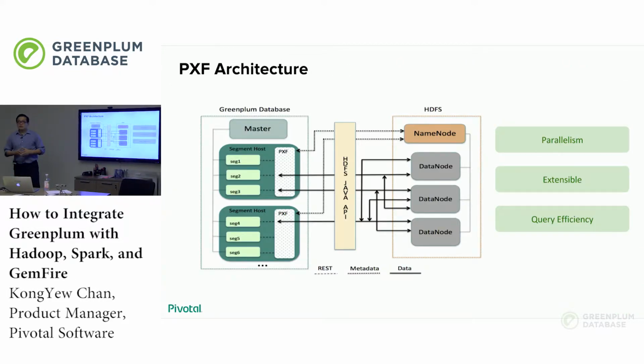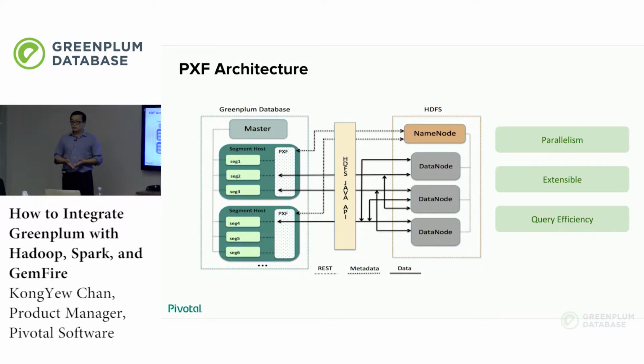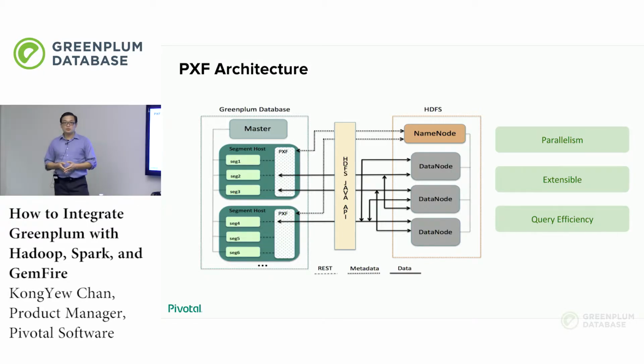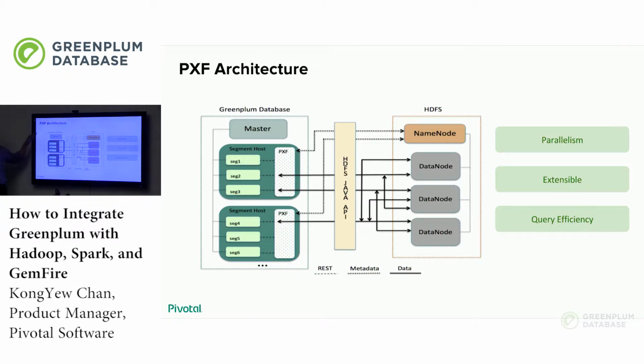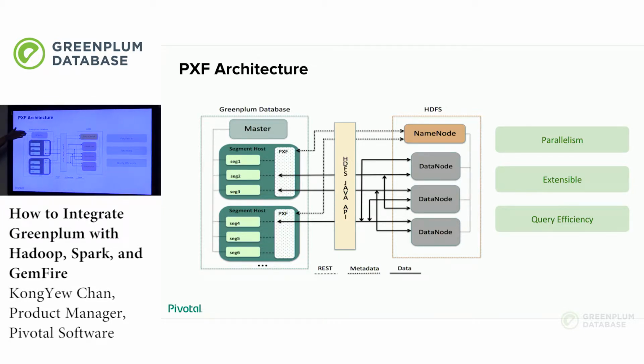Since we talk about parallelizing data load from Hadoop's file system, I'm going to introduce the Platform Extension Framework, which is the way Greenplum loads data from the Hadoop file system. Greenplum itself is an MPP database, a massively parallel processing database. Within it, it has a master database and different segment hosts.